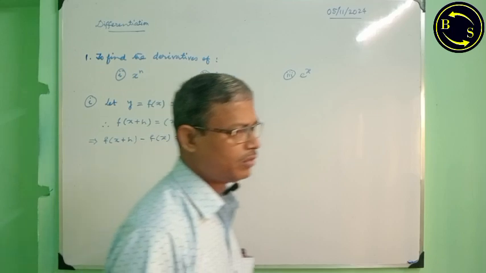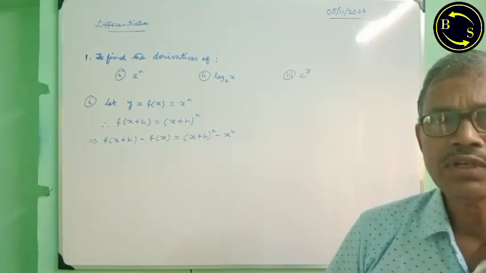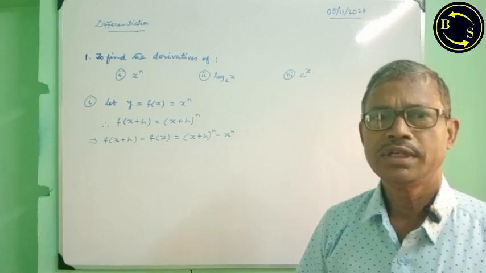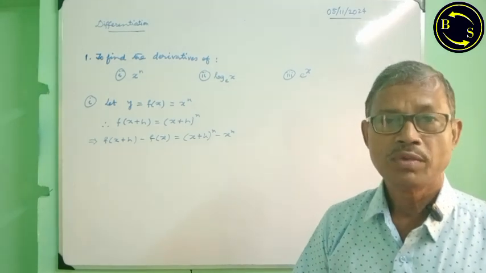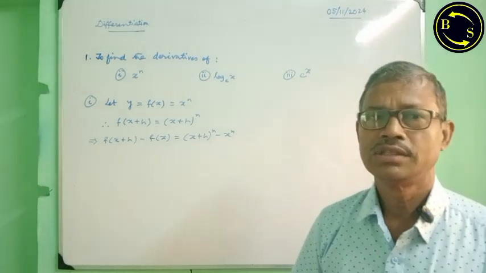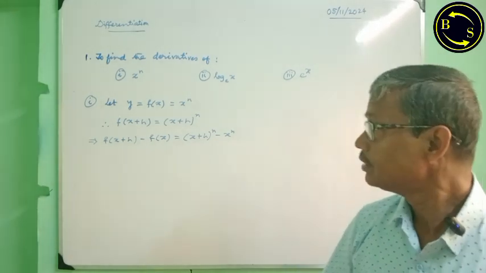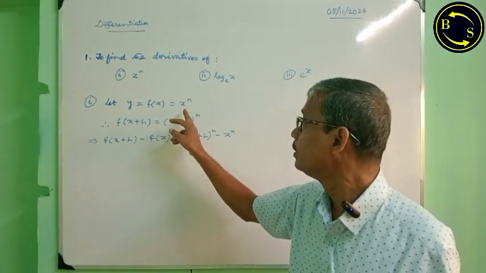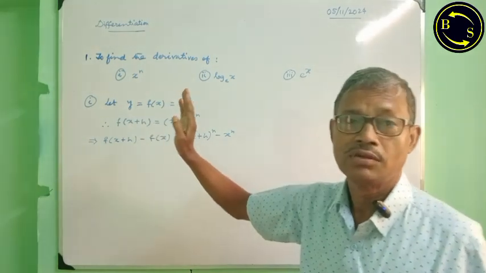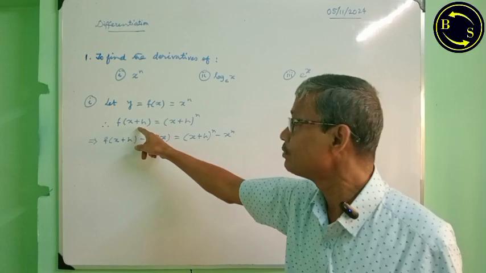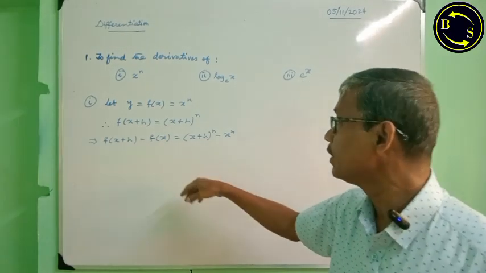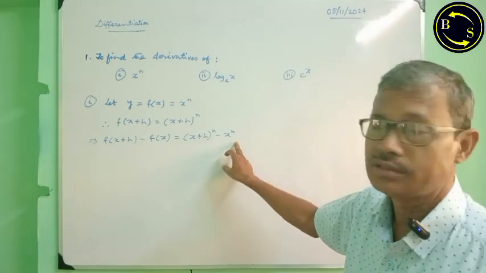First, you recall the definition of the derivative of f(x), that is limit h tends to 0, numerator f(x plus h) minus f(x), denominator h. For that, first I take the given function as f(x), also it is y, then f(x plus h), then we calculate f(x plus h) minus f(x) and get this expression.